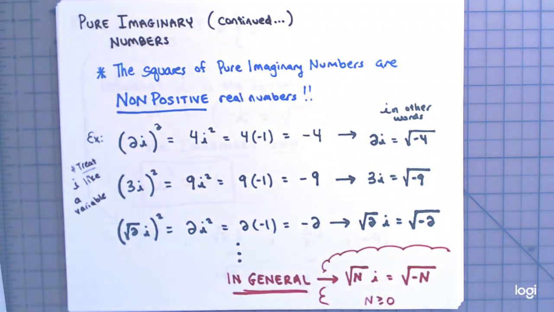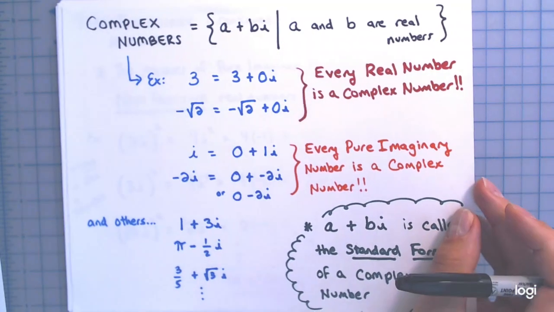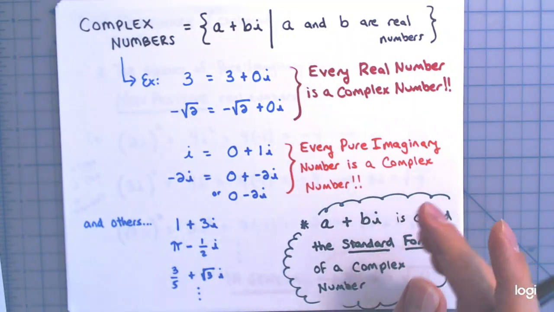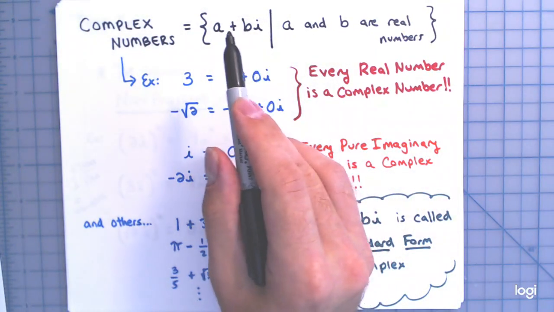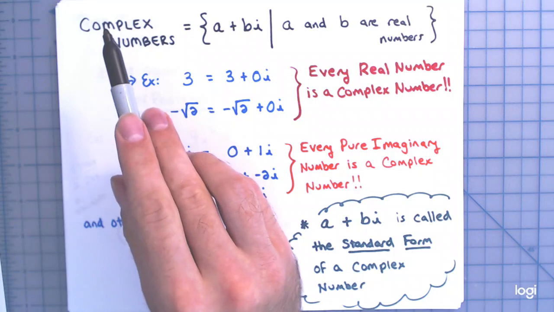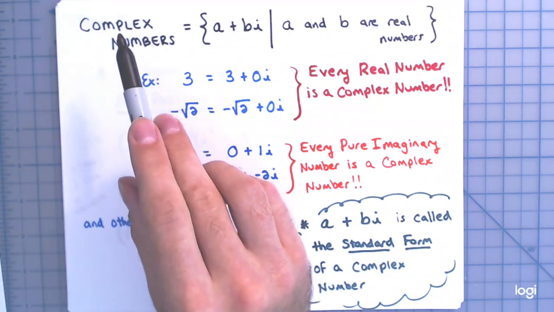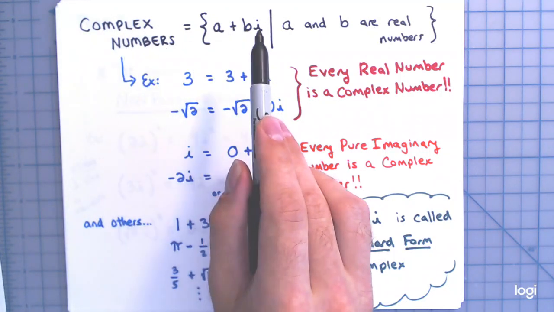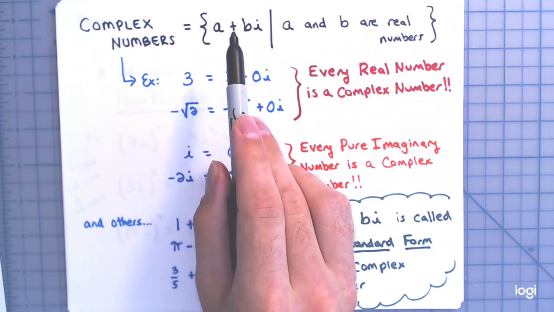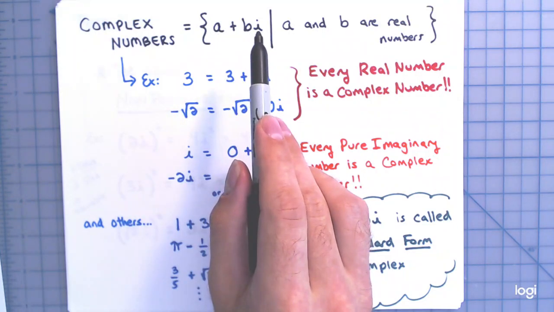Now we finally come to the title of the video, the set of complex numbers. So again, I have it in set builder notation, here's what every single one of these looks like. So what is a complex number? Every complex number looks like this, where you have a plus b times i.